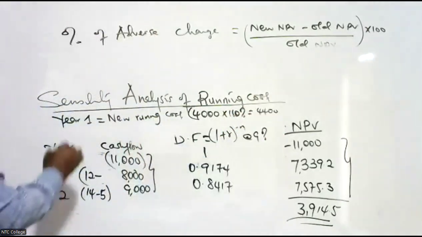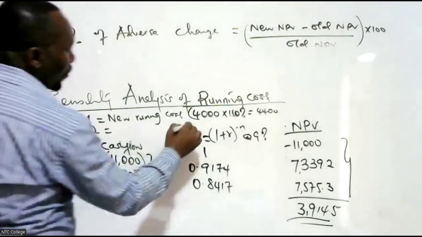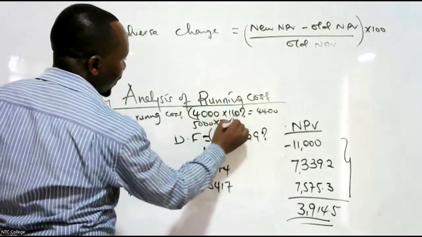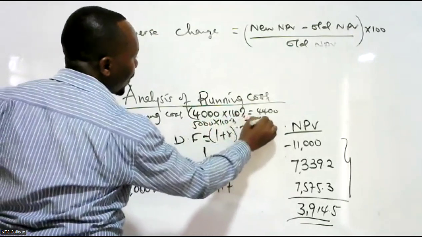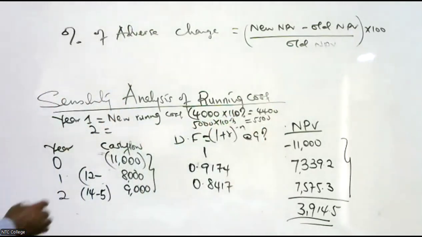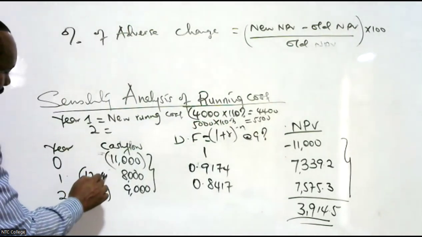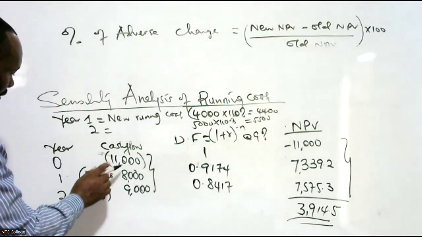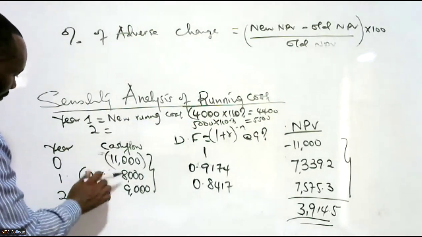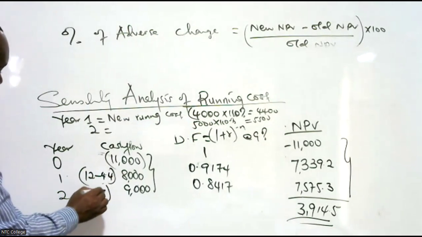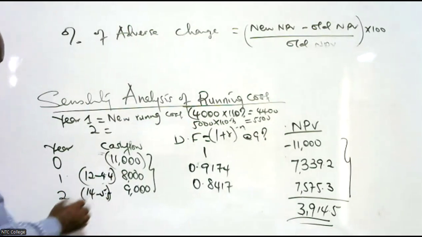Yes? For year two, also we have 5,000 times 110%. That becomes 5,500. So therefore we are having 5,500 and 4,400 here. Here also 5.5, which is the same as 5,500.